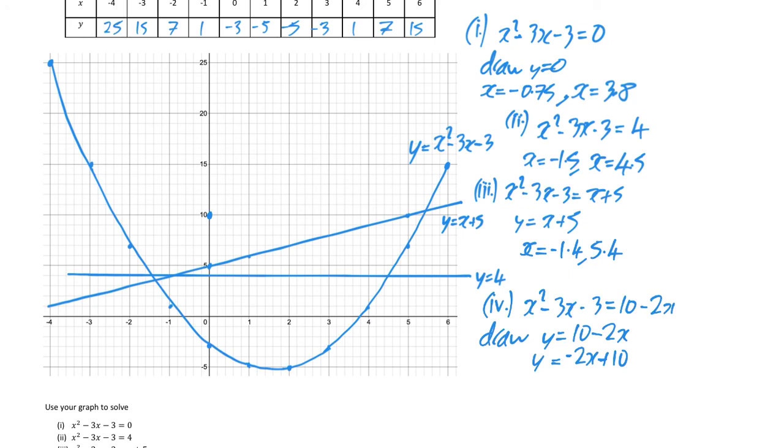So as I go across 1, I go down 2, so it'll take me down to here. As I go across another one, that'll take me down to here. As I go across another one, that will take me down to here. So I'm going to use that point on the y-axis and the point I've just put on, because they're a wee bit separated, make it a wee bit easier for me to draw a good line.